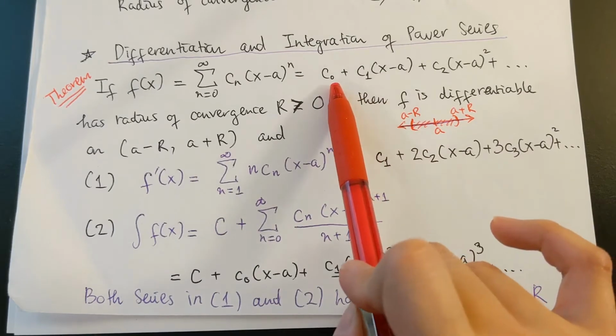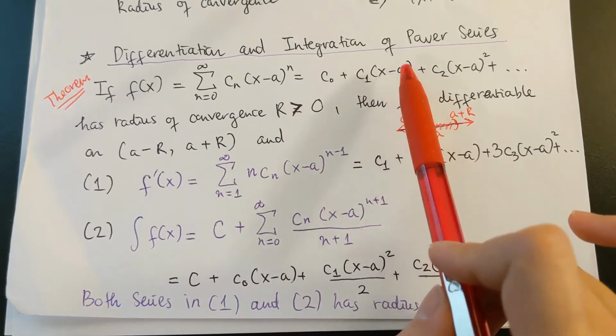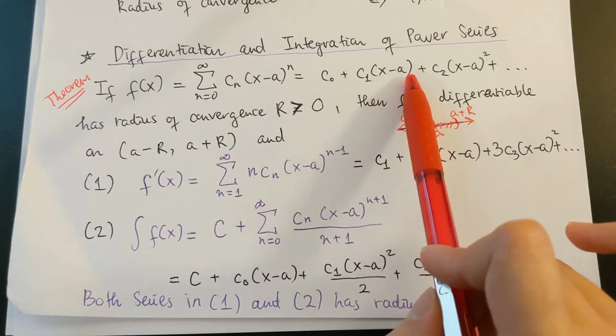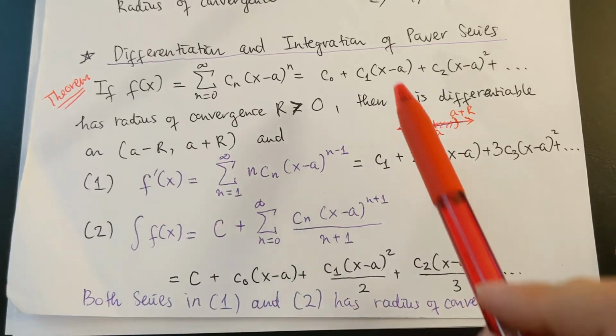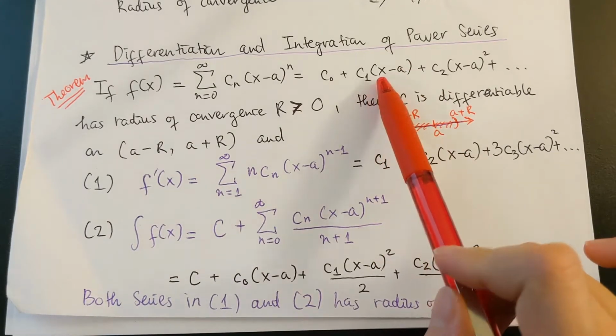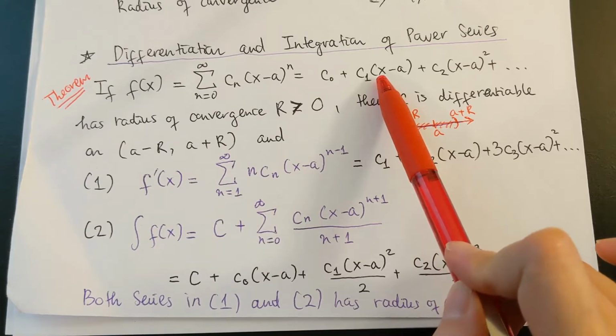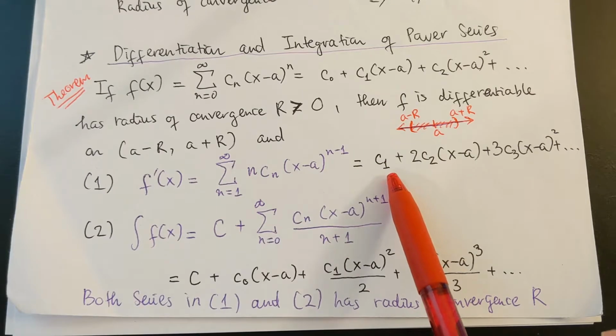So if I take the derivative of c0, I get 0. If I take the derivative of c1 times x minus a, I just get c1, because the derivative of x is 1, the derivative of minus a is 0.